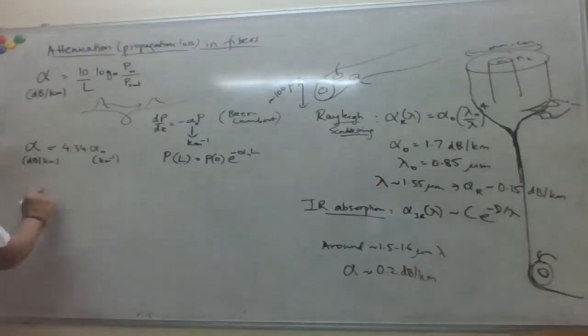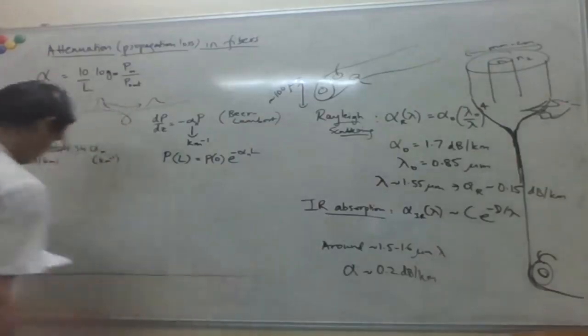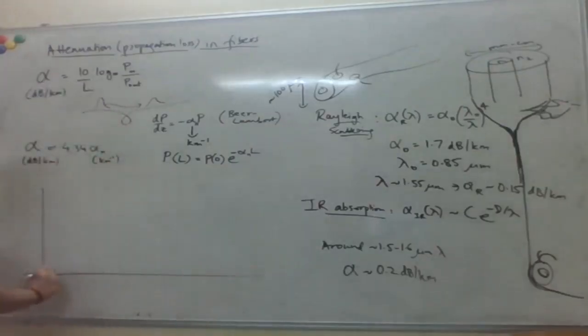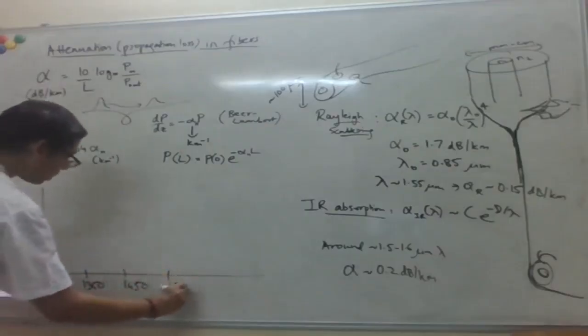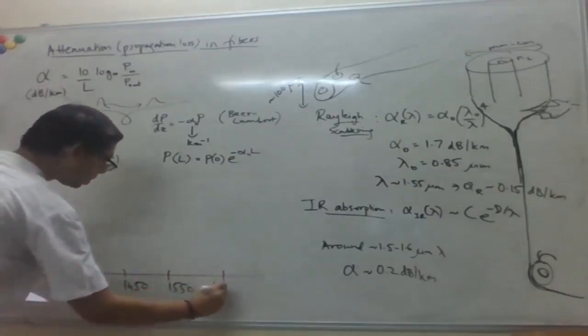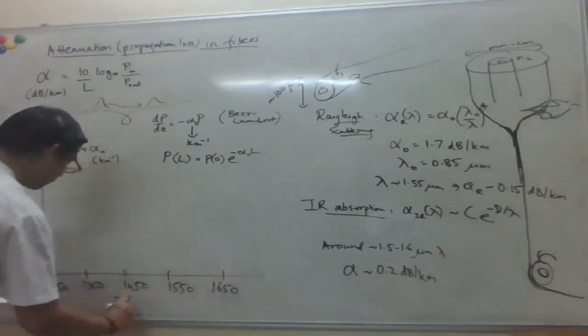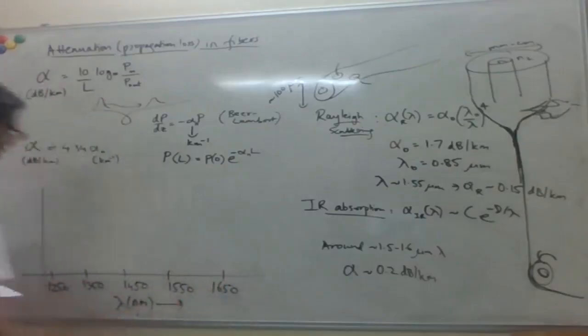So basically what those fibers look like, the loss coefficient, so now I go from let's say 1250, this lambda in nanometer.